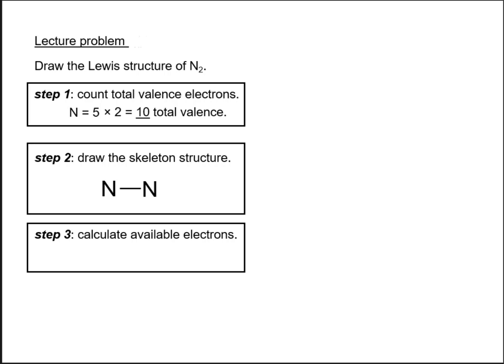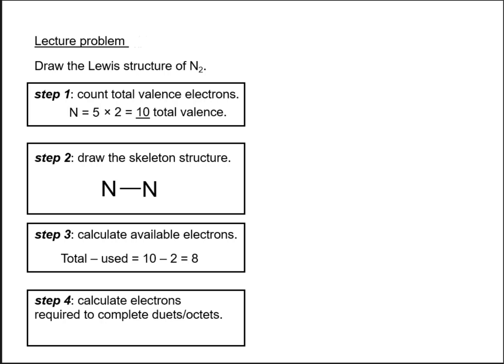So step 3, you want to calculate the available electrons. We started with 10 total valence electrons, but we used 2 electrons in order to make the skeleton for N2. So we have a total of 8 electrons available. Now, in step 4, we want to see how many electrons are required in order to complete the octet of each nitrogen.